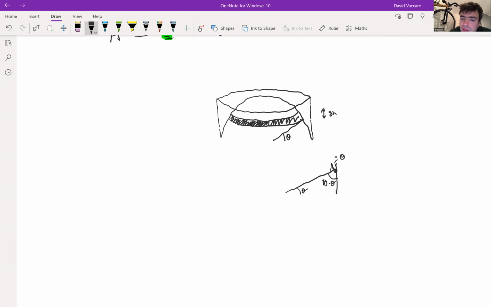So if you think of this triangle here, this is the height, this is the length of crust, this is theta. So the length of crust times cos theta is equal to the thickness of the slice, I'll call it delta h. So that's the length of the crust.